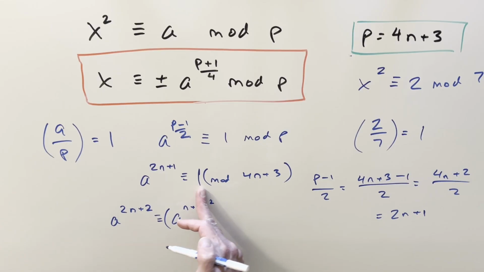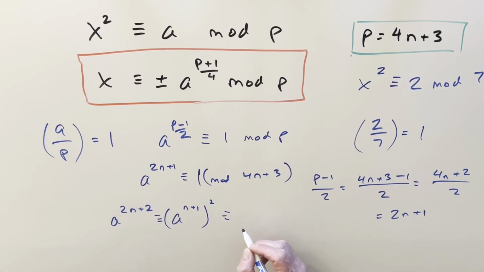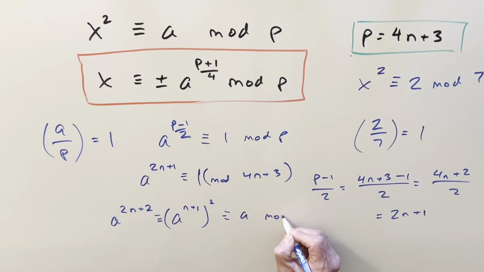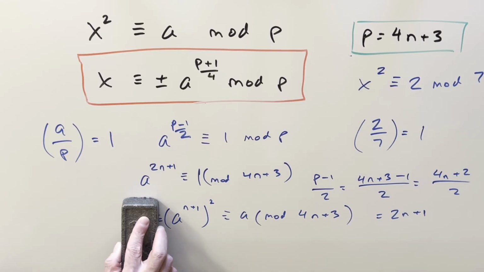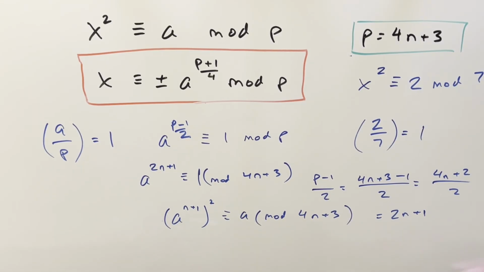And then we multiplied in an a on the right side, so this is going to be congruent to a mod 4n plus 3. But now I think we can put this all together, just get rid of this because it doesn't really help us. Our equation back here, what we were looking for is x squared congruent to a mod p, which is just this. So we can look at these two equations side by side.